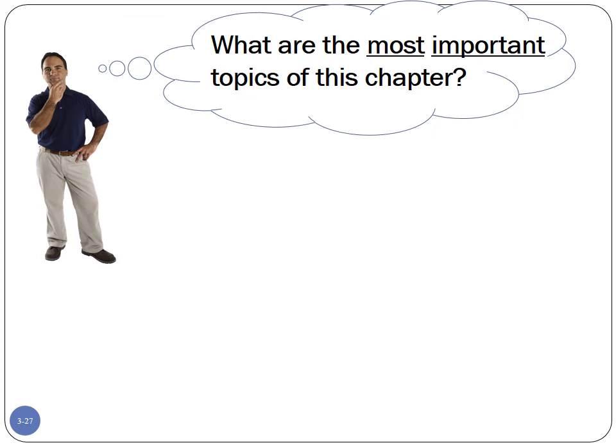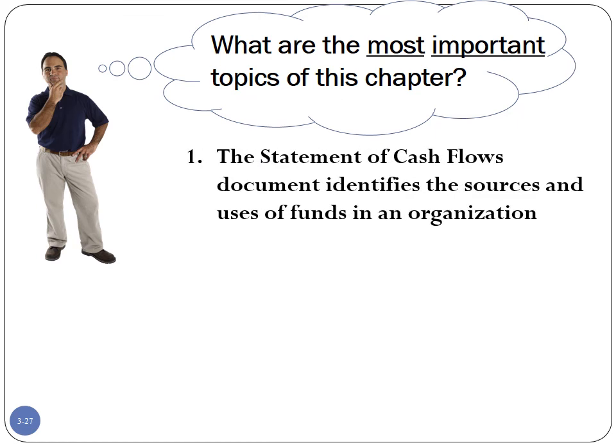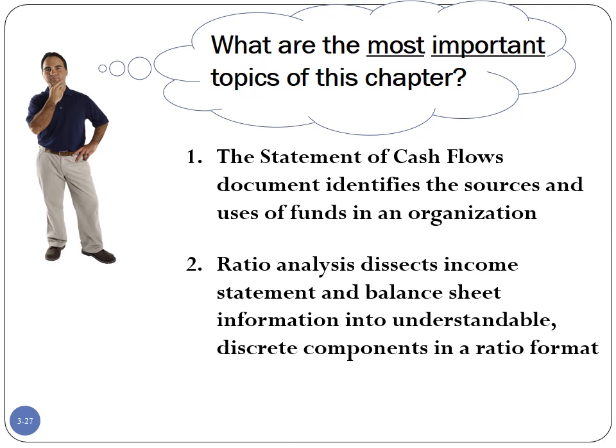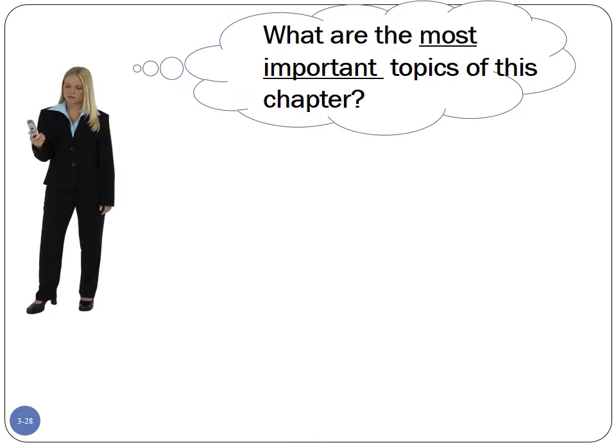The most important topics of this chapter, well, the first is the statement of cash flows, what it is and how it documents the sources and uses of funds in an organization. The second is ratio analysis. What is it? How does it work? Well, it dissects income statement and balance sheet information into understandable, discrete components in a ratio format. So it breaks down some of the basic statements into specific, meaningful indicators.